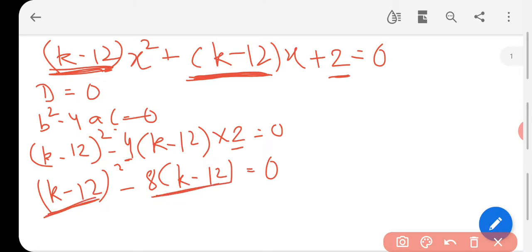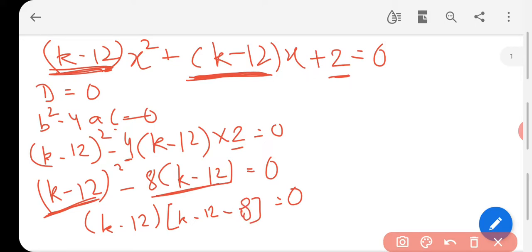In both terms there is one common factor, k minus 12. So take k minus 12 common, and in another bracket write all the uncommon terms. In the first term, one k minus 12 is common and the other k minus 12 we write in the bracket. In the second term, the remaining term is 8 with a minus sign, that is minus 8.